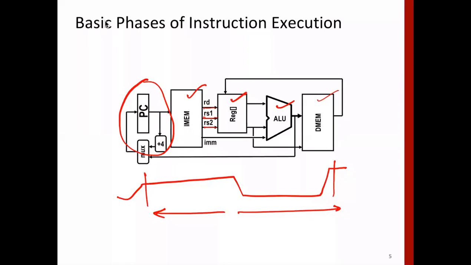Can we do reading and writing together? Sir, if we have a single memory, then we need more than one cycle to access them separately. See, reading can be done at any point in time.